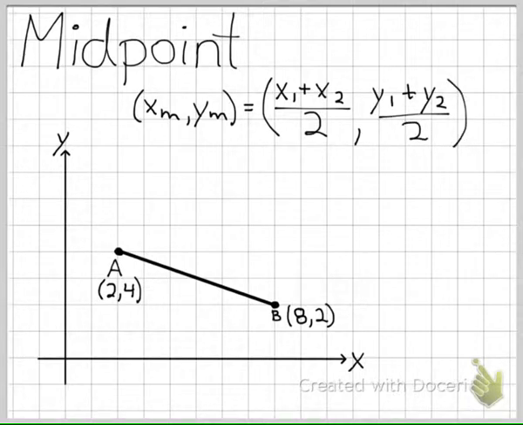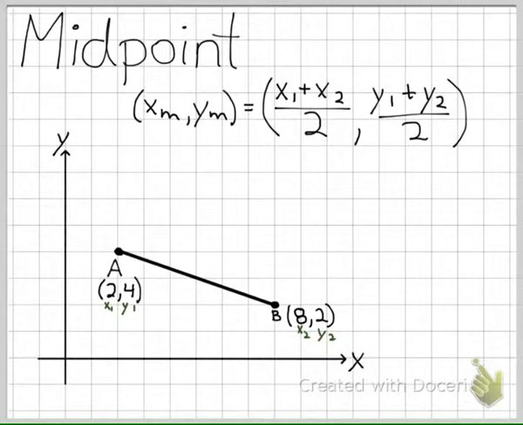So anytime we have a segment on a graph, we can use this formula to help us find the midpoint. So we already have a segment on our graph. We have segment AB. If we wanted to find the midpoint, we could even label our points x1, y1, x2, y2, and plug them into our formula.